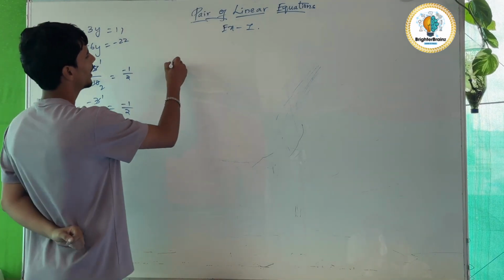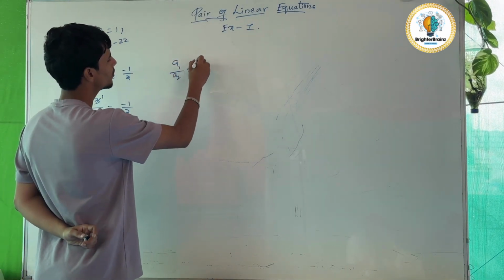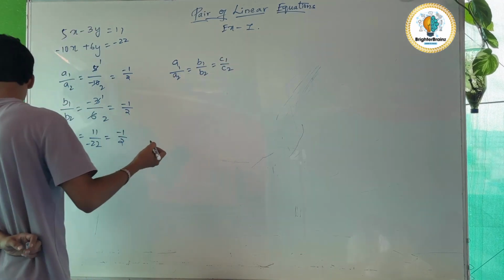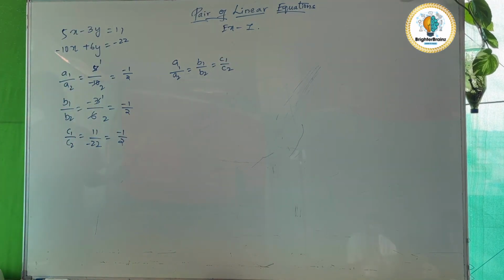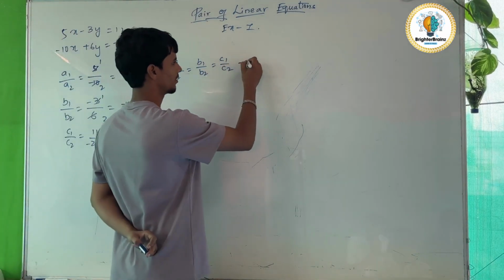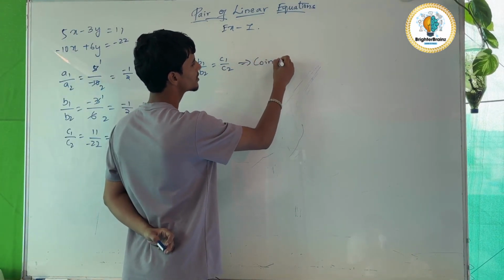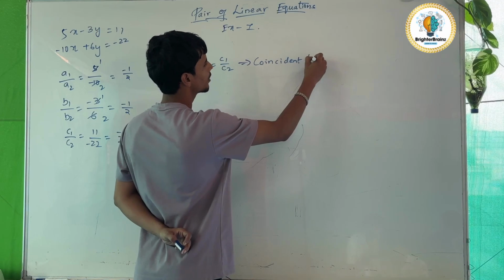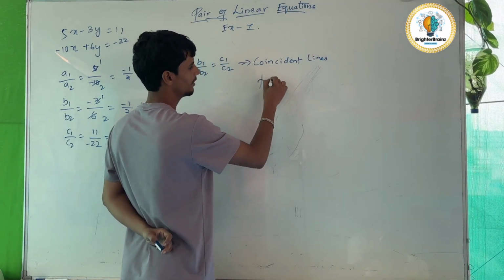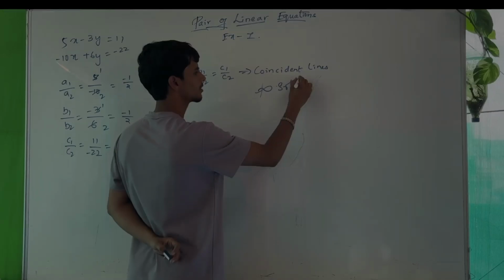So here a1 by a2 is equal to b1 by b2 is equal to c1 by c2. If all are equal, what is the nature of the lines? These are coincident lines. Coincident lines have infinitely many solutions.